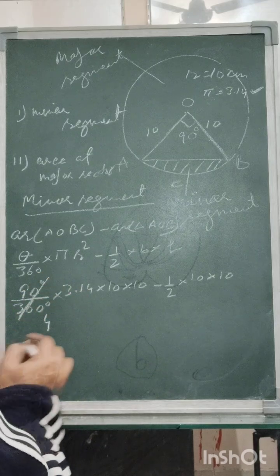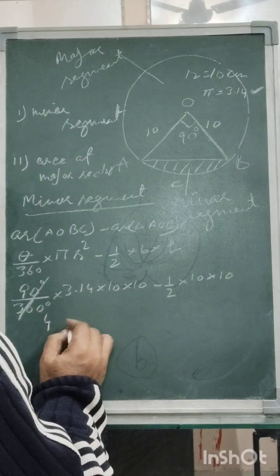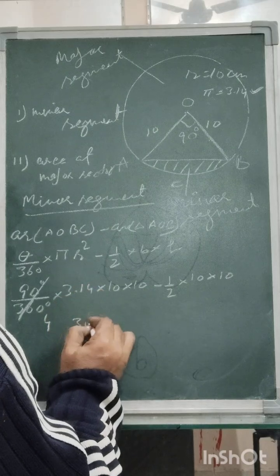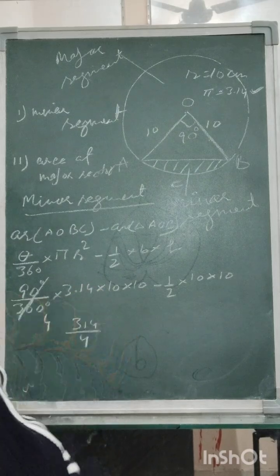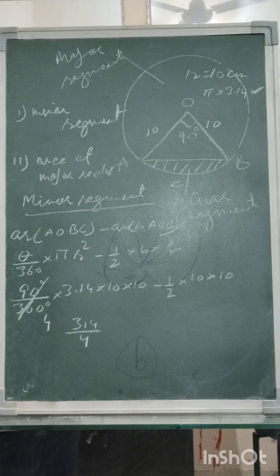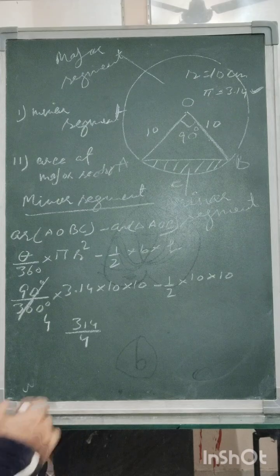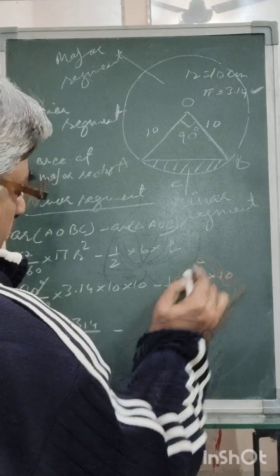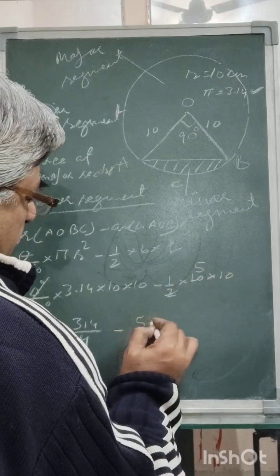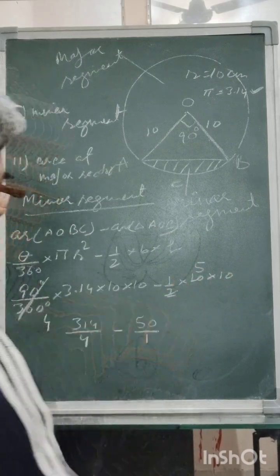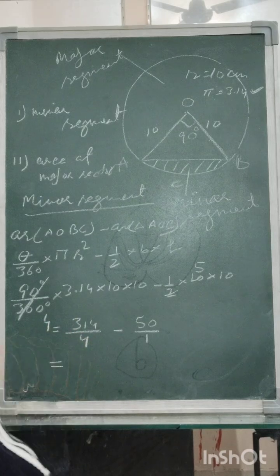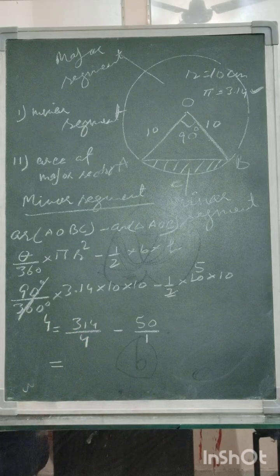So we can write 314 by 4 is the area of the minor sector, and minus 50. This is the area of triangle, and the difference is our required area of the minor segment.